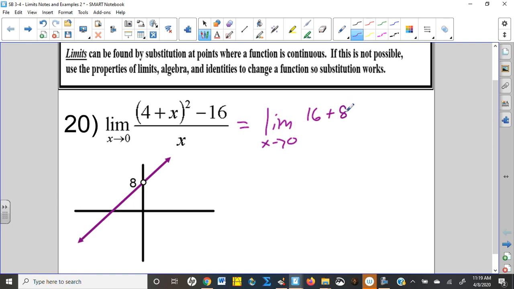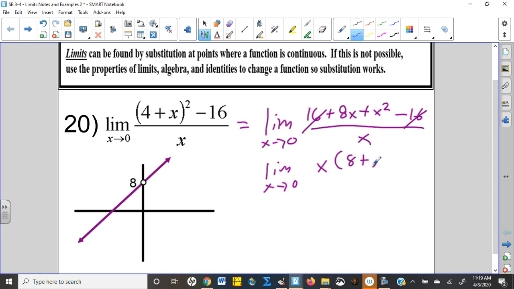It has to be FOILed out. So 16 plus 8x plus x squared, then minus your 16, all over x. So what is that? Well, once those 16s cancel, I can factor an x out of what's left over.